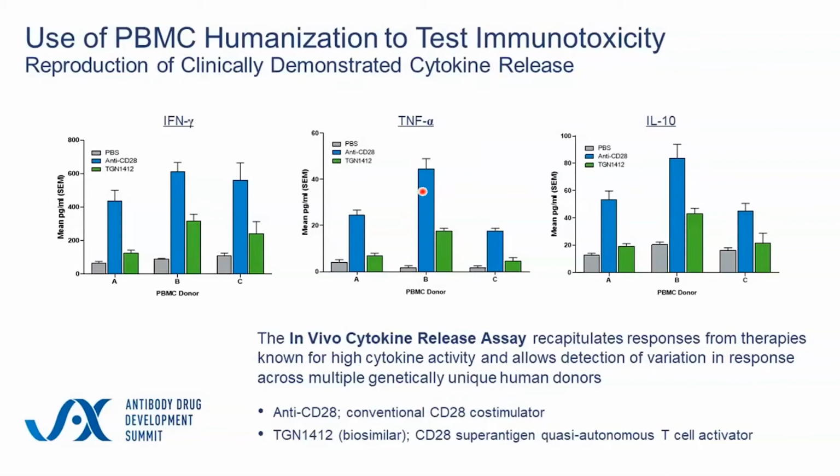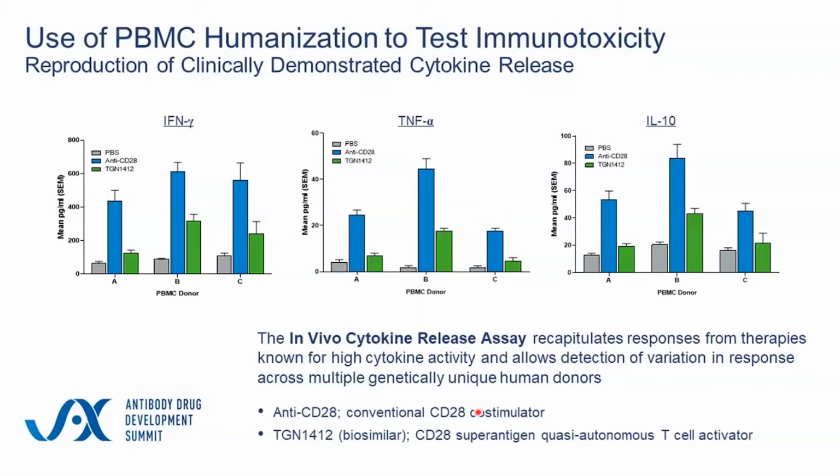So what we're showing here is 3 different PBMC donors injected into irradiated NSG recipients. At day 6, we're dosing with an anti-CD28 conventional costimulatory monoclonal antibody.